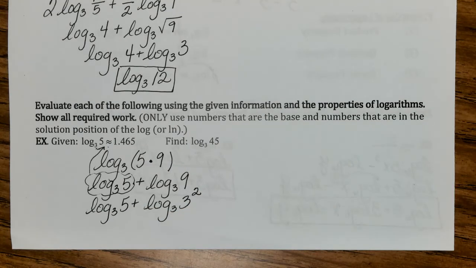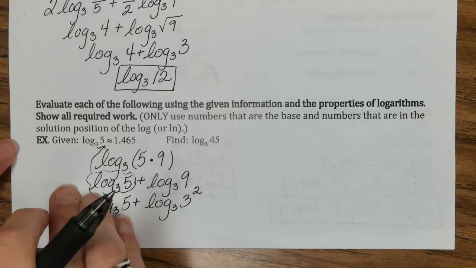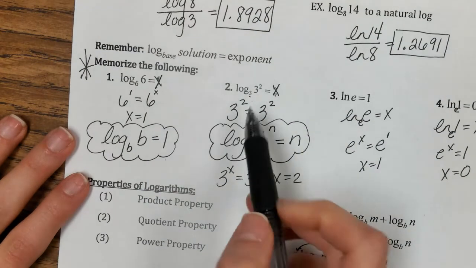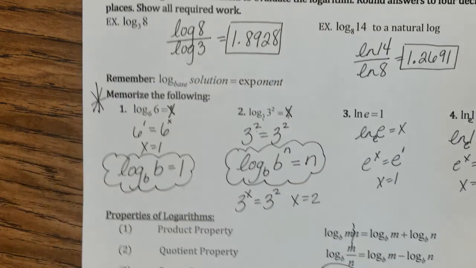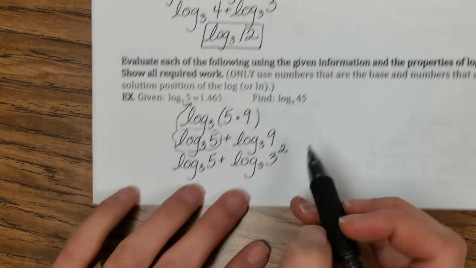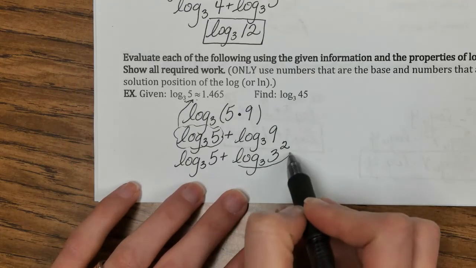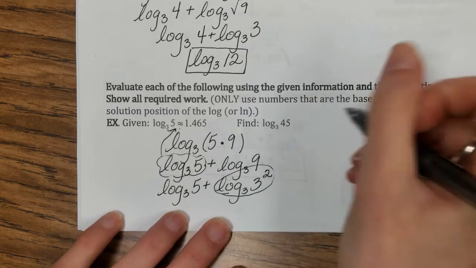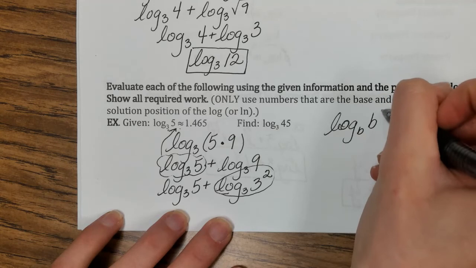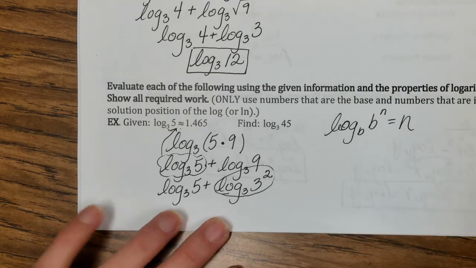This is why I told you you're going to have to learn the general concept of what I have here. So remember that if you have the log base b of b to the n, that just gives me n.